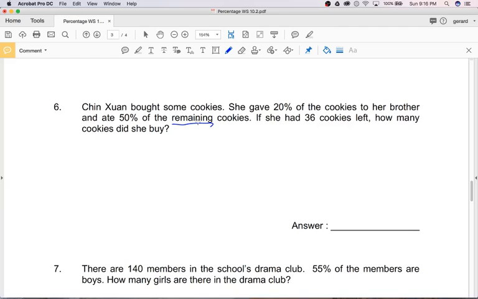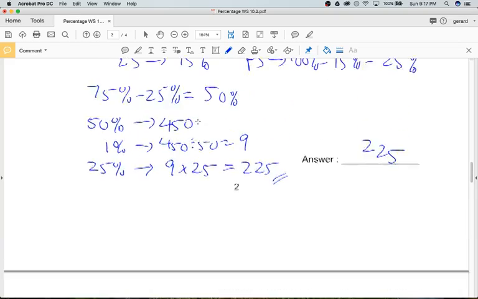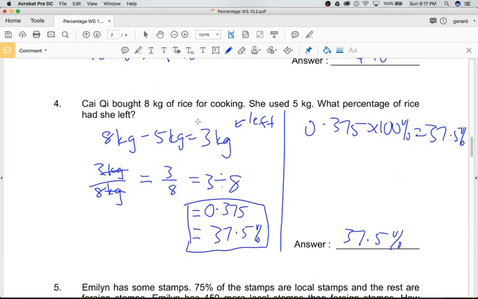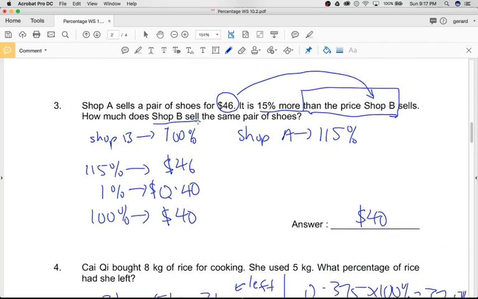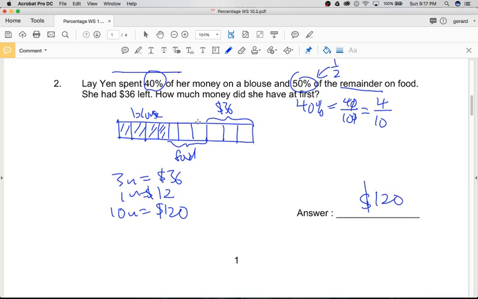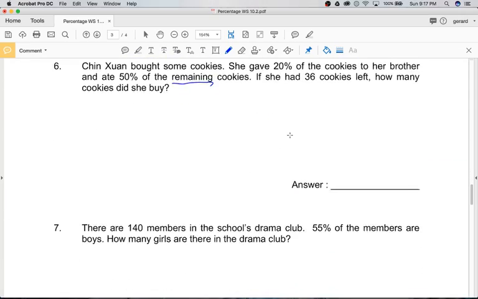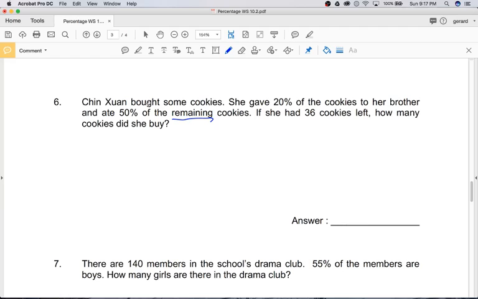Now this question is exactly the same as question 2. You see, 40%, 50%. Here it's the same thing: 20% of the cookies, ate 50% of the remaining. 50% is half. So if you have 36 cookies left, the model is exactly the same.